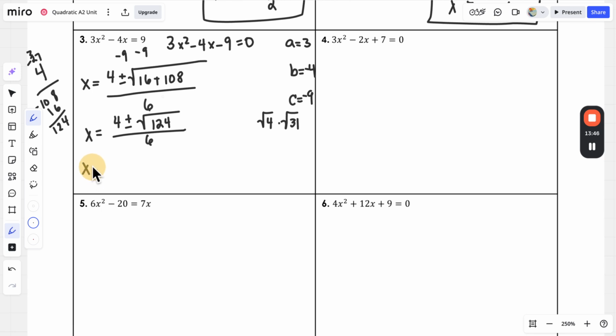So x is equal to 4 plus or minus, I apologize, 2 square roots, because the square root of 4 is 2, of 31 all over 6. 4, 2, and 6 are all even numbers, so it becomes 2 plus or minus the square root of 31 all over 3. That is our final answer right there.